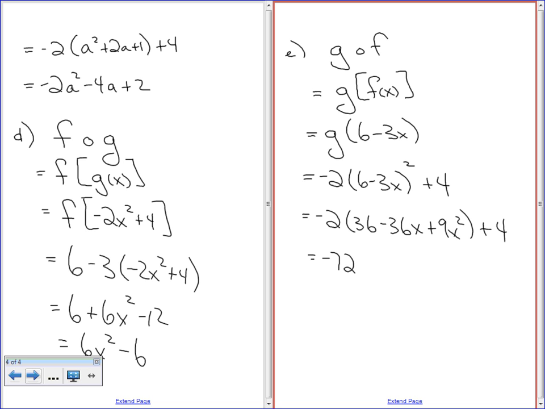Negative 72, positive 72, negative 18, plus 4, so put it in standard form. And you never have to factor your answer unless the question said put it in factored form. Otherwise, just leave it in standard form. So that is G circle F, as long as I did all my algebra correctly.